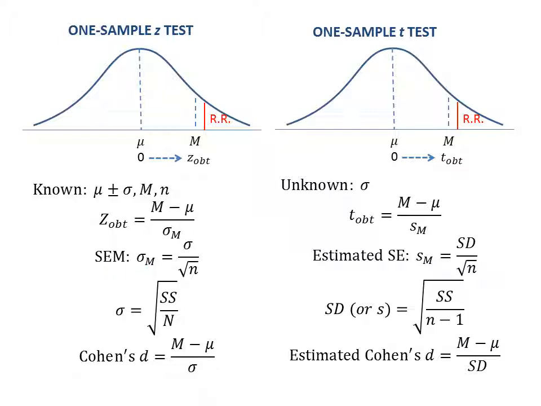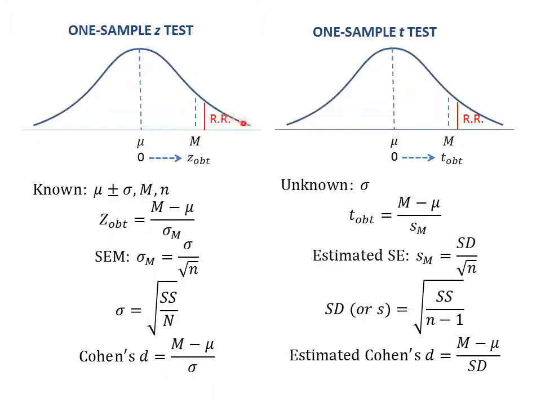And then we compute the obtained z-statistic using sample mean minus population mean divided by standard error of the mean. This is the obtained z-statistic.